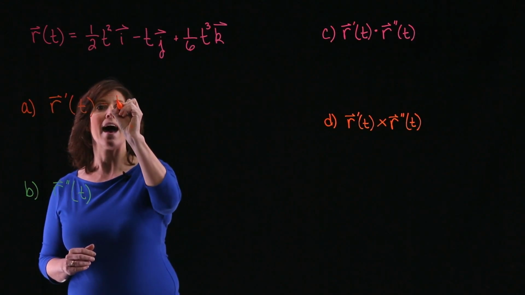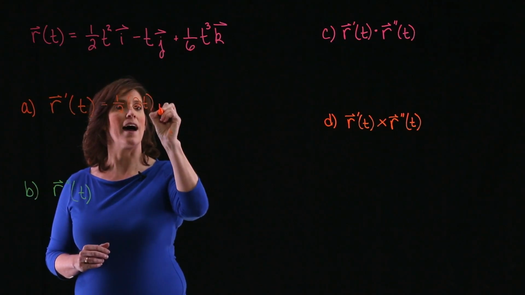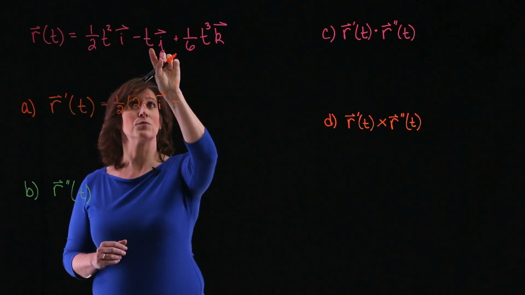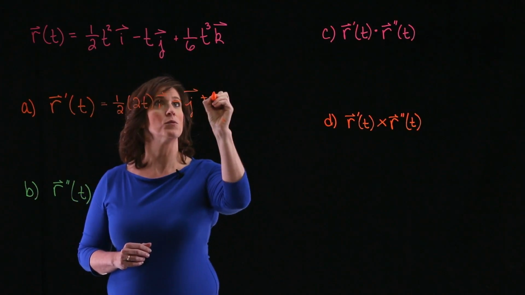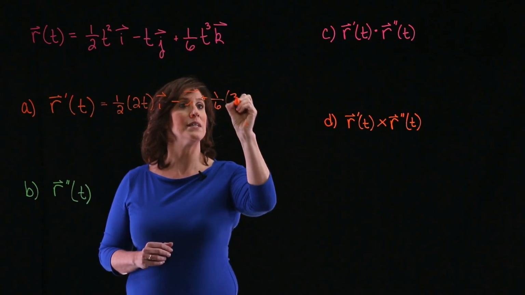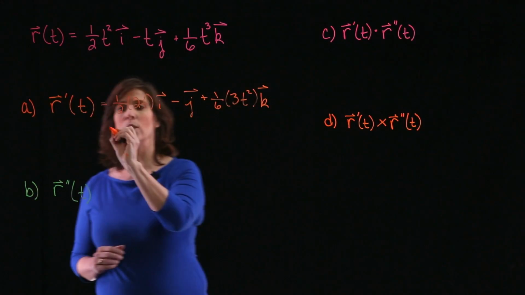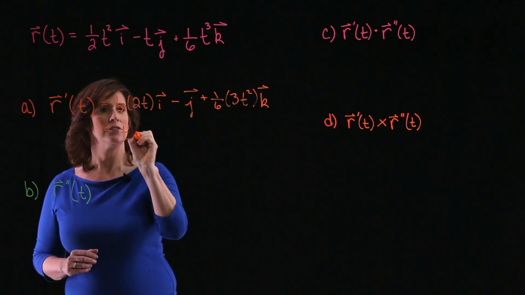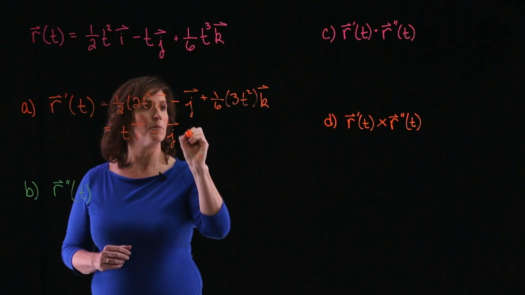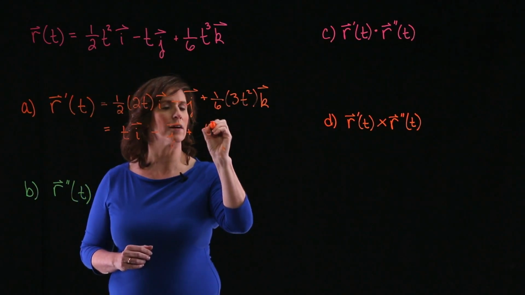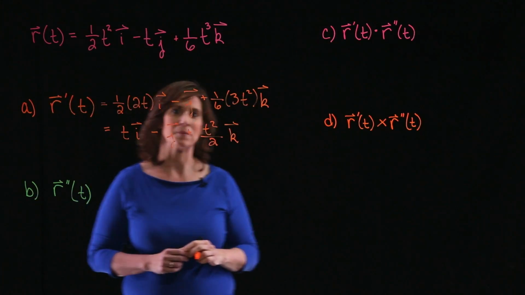So I have 1/2 times 2t times vector i minus the derivative of t, which is just 1, times vector j plus 1/6 times 3t squared times my vector k, which simplifies to t times vector i minus j plus t squared divided by 2 times vector k.